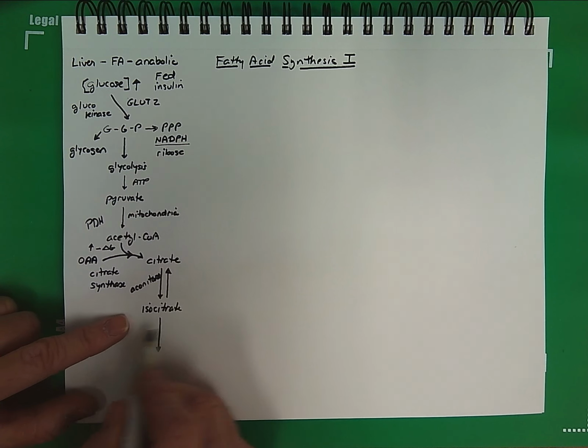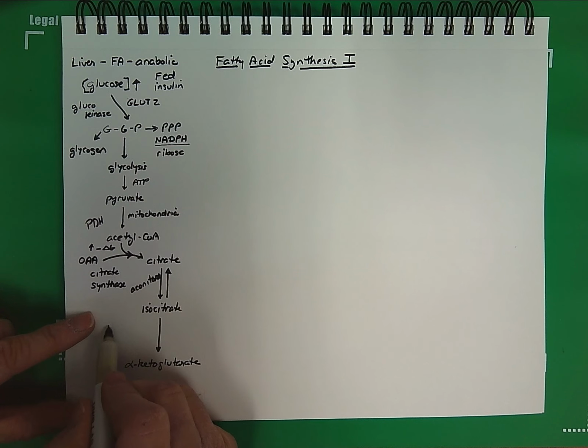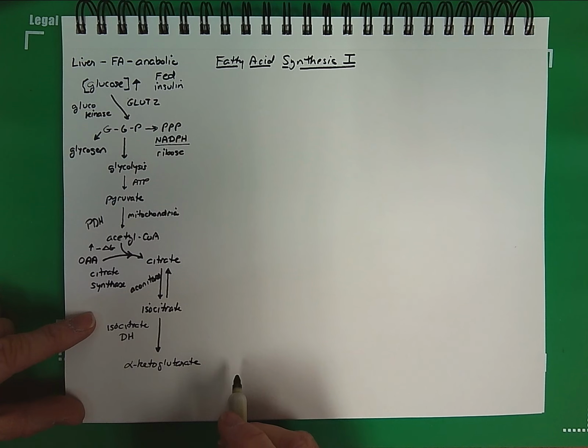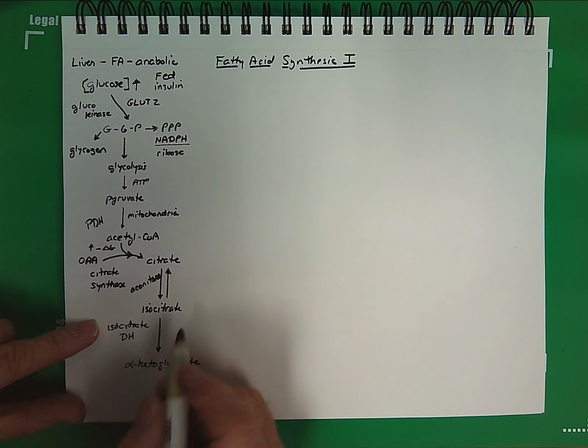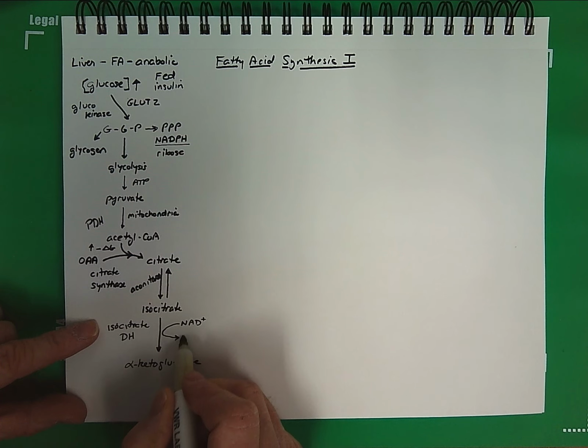Well, recall, after the isocitrate reaction, we have alpha-ketoglutarate. This reaction is performed by the isocitrate dehydrogenase enzyme. Now, important to remember about this dehydrogenase enzyme is that this is a redox reaction to generate NADH.